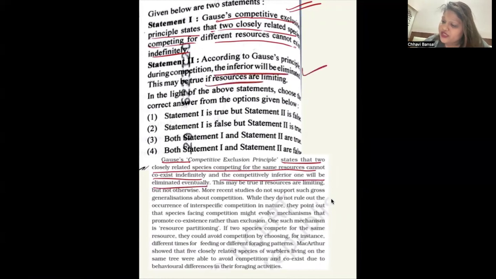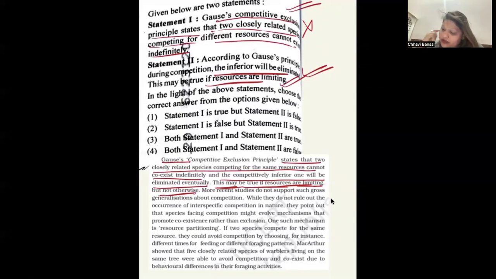Means this is correct. But this is only true if the limiting resources are present. So this is true, but otherwise it is not true and is not supported. Means statement 1 is not correct, but statement 2 is correct. So therefore, the answer is option 2, right?